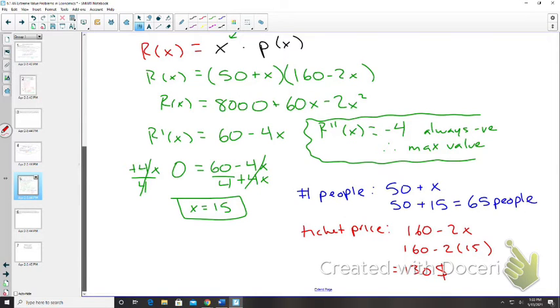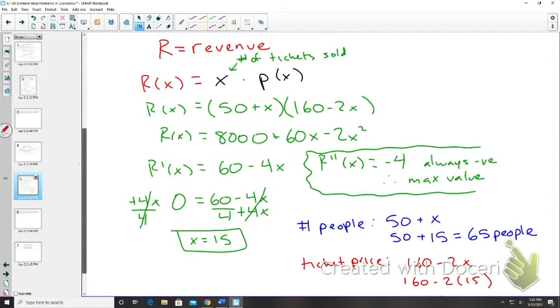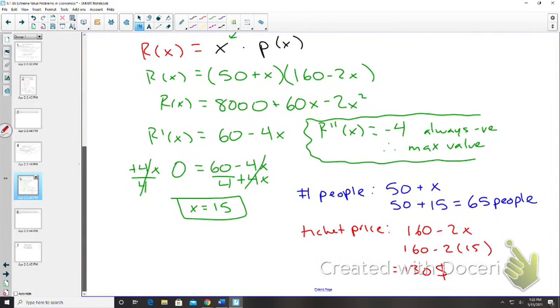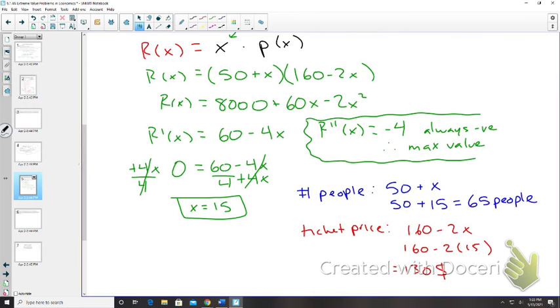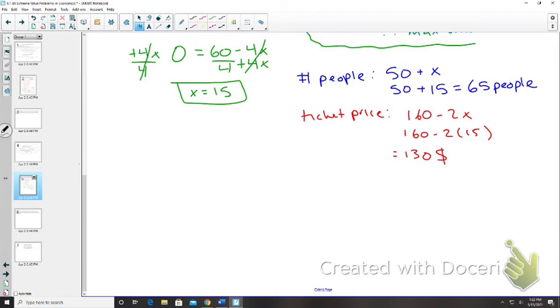And our revenue is number of tickets sold multiplied by the price. So x times p of x, we know we're going to sell 65 tickets multiplied by $130, giving us a revenue of $8,450.